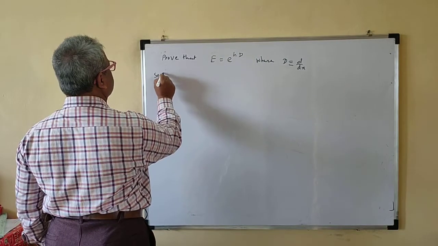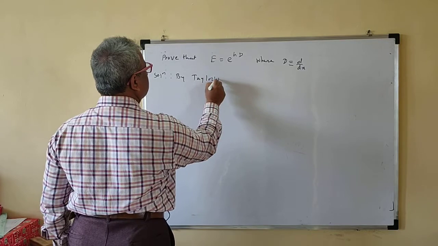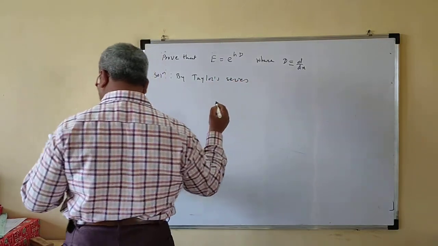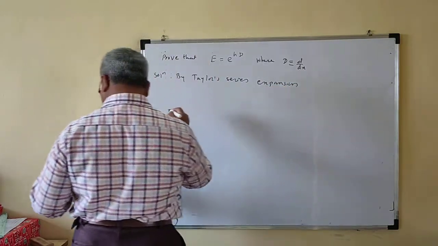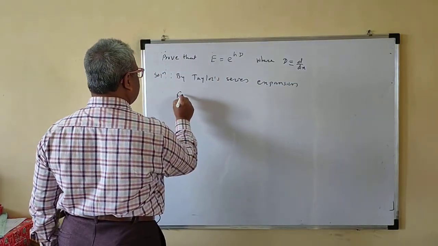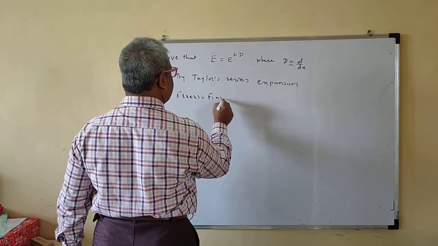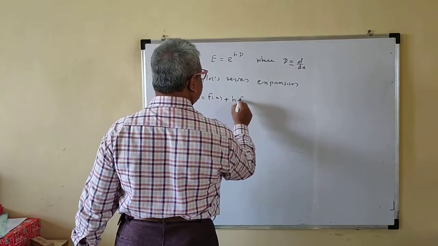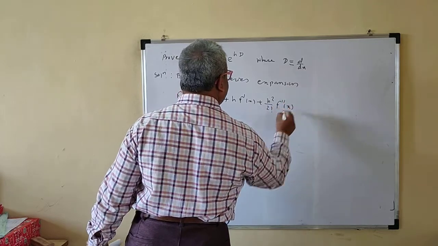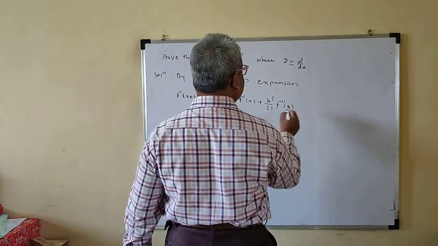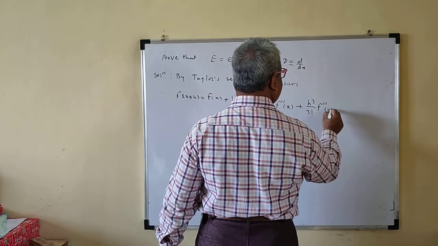Solution by Taylor series expansion. f of x plus h is equal to f of x plus h f prime x plus h square upon 2 factorial f double prime x plus h cube upon 3 factorial third derivative x plus dot dot dot.